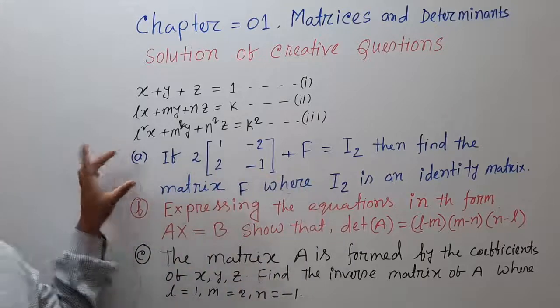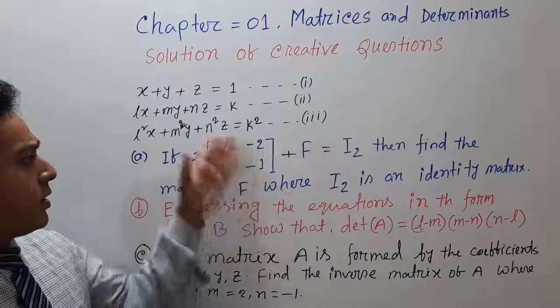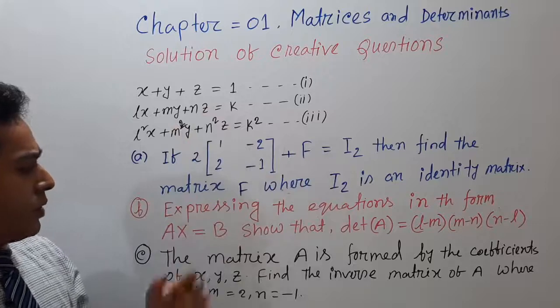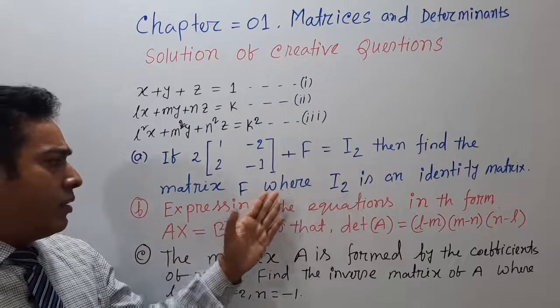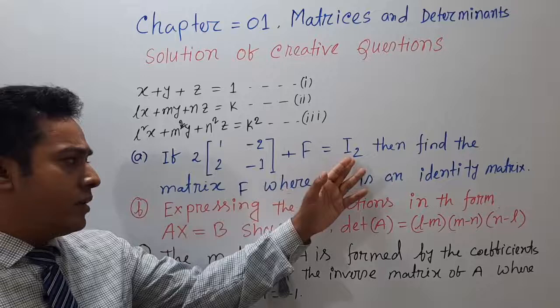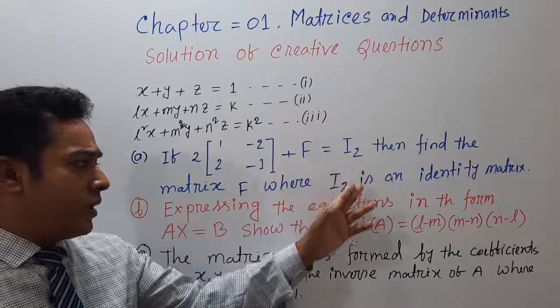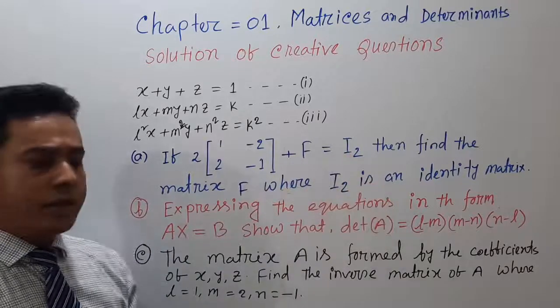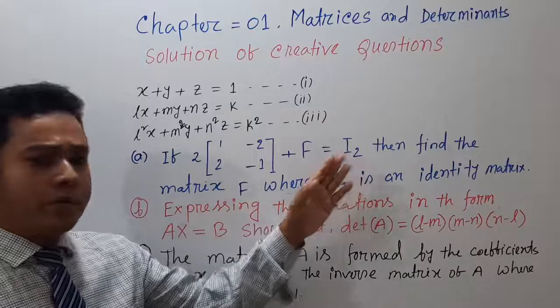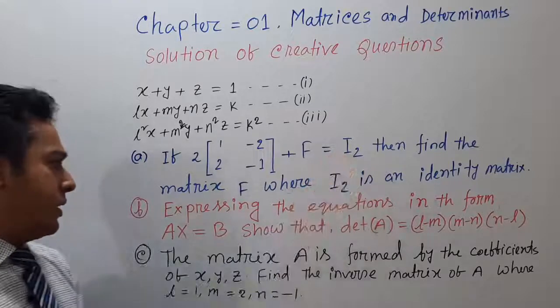Here I2 is an identity matrix. I subscript 2 means a 2 by 2 identity matrix.